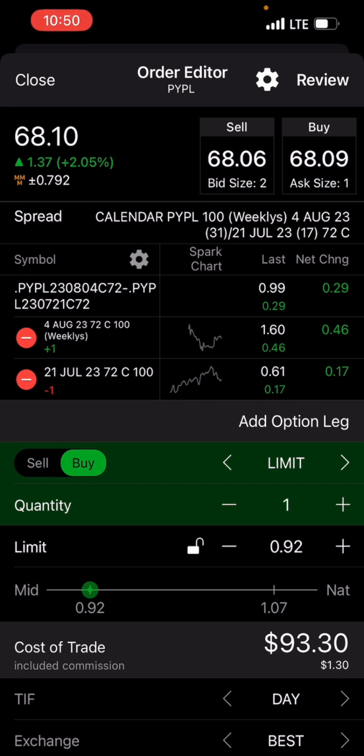Or we can roll the strikes, right? We can simply sell another strike on top of the 72 strike call for August. So if this 72 strike call for July 21st expires worthless, then I can simply sell the July 28th 72 strike call, or I can do it at the expected move again, right?